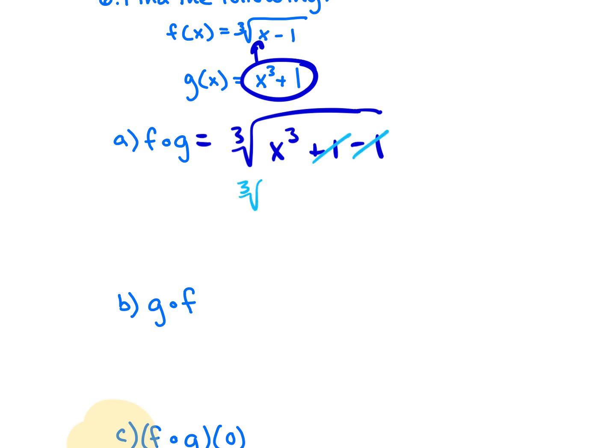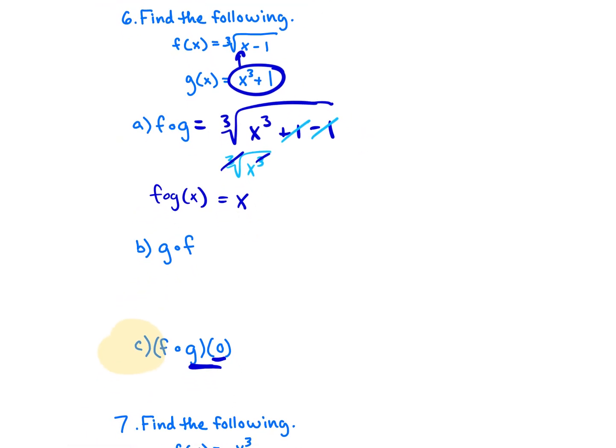So we have the cubed root of x cubed. Can this simplify? Yeah, the cubed root and the cubed cancel. So f of g of x would just be x. Now if we found f of g of 0, we take 0 and plug it in. What's f of g of 0? 0.